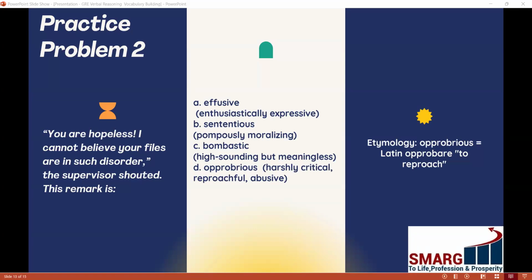So even if I don't know opprobrious, I can again try and think about similar words. Here you can see reproach is a word for that. So fine, even if I do not know the meaning, again, OPP, opposite, opposition, opprobrious. That means, okay, something that is going opposite, something that is going contradictory.